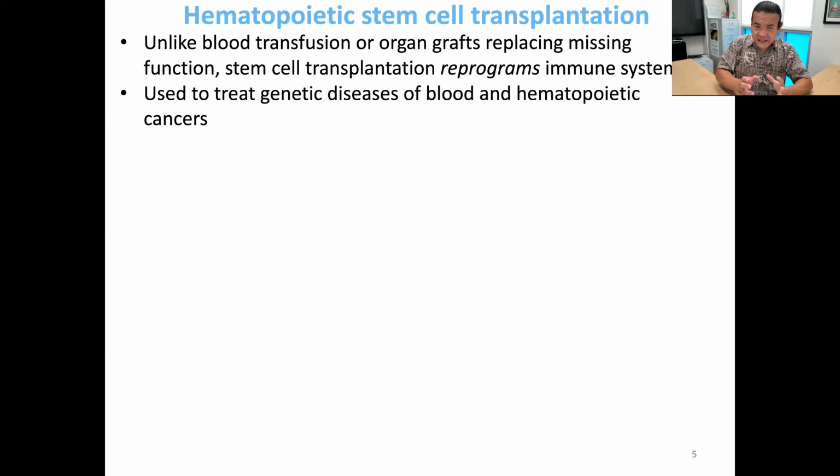So transplanting stem cells is more about reprogramming or kind of like rebooting an immune system that has run into trouble, right? Because the existing stem cells that the patient had, something's gone wrong with them to cause disease. So now you're trying to replace those bad defective stem cells with new stem cells that can hopefully take over, right, and do the job of maintaining and replenishing the healthy immune system that the patient's own immune system couldn't do.